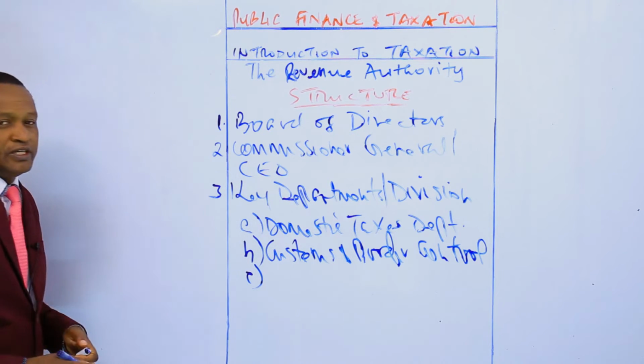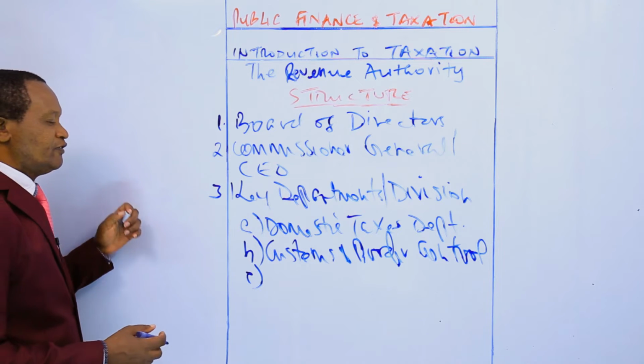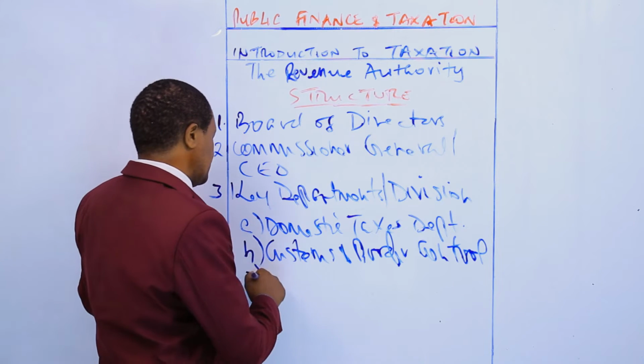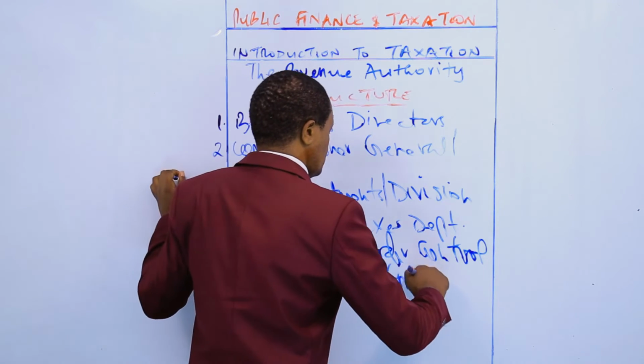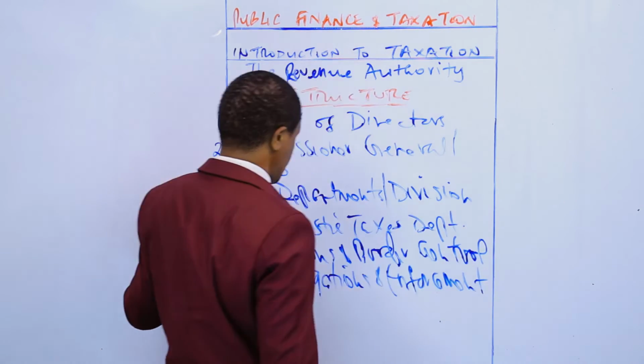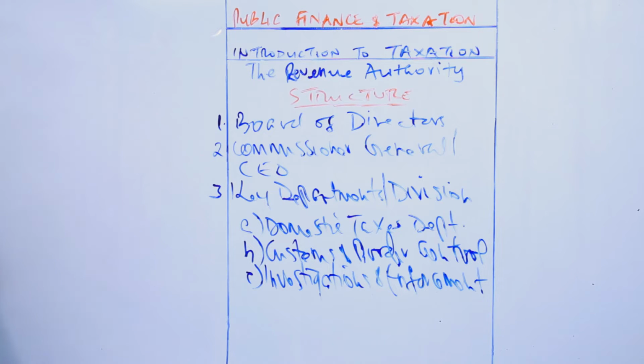Number 3 is the Investigations and Enforcement Department, which focuses on combating tax evasion and illicit trade.